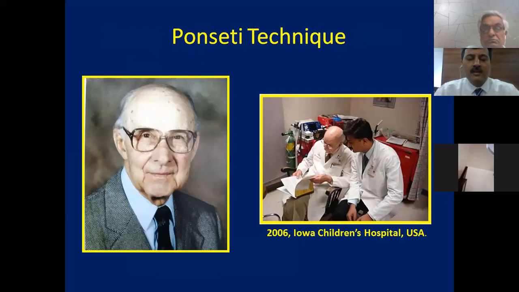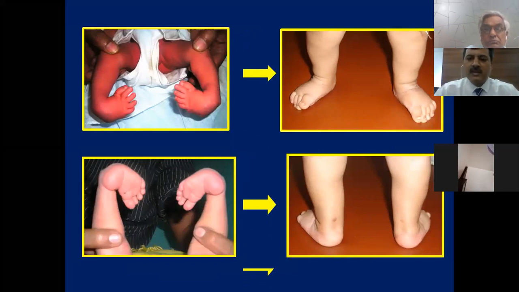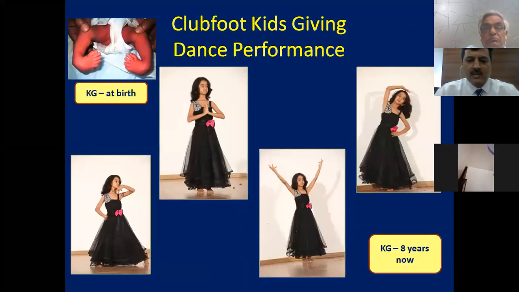For real clubfeet or idiopathic clubfeet, the Ponseti technique is the gold standard, and across the globe we have found very successful results, and the treatment is pretty straightforward. The long-term outcome of these children is also very good. This girl performs dancing, and there are many other such children.